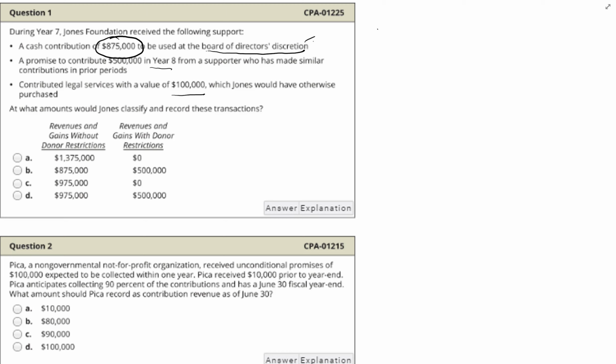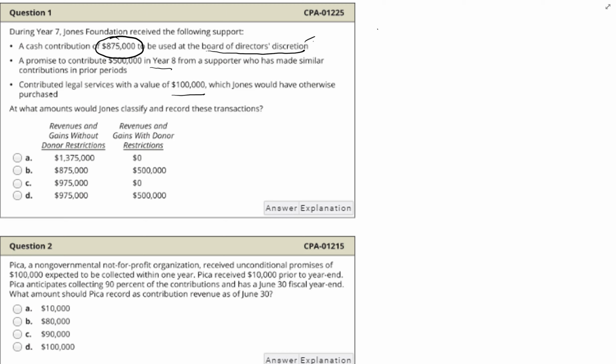So we will consider it as unrestricted contribution revenue. When you see that there are no restrictions from the donors, we will always consider it unrestricted, or in current terms, revenue without donor restrictions.